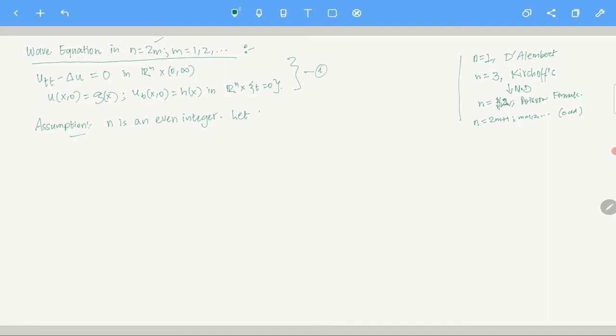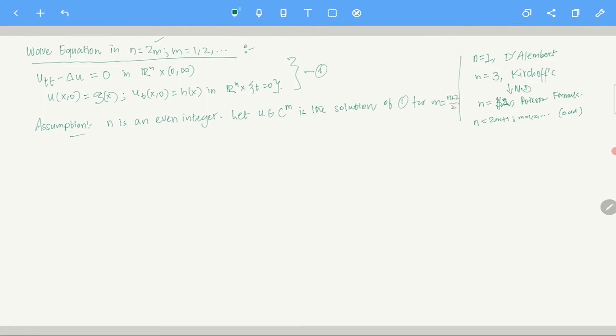Let u in C^m be the solution of 1, for m equals (n plus 2) by 2.